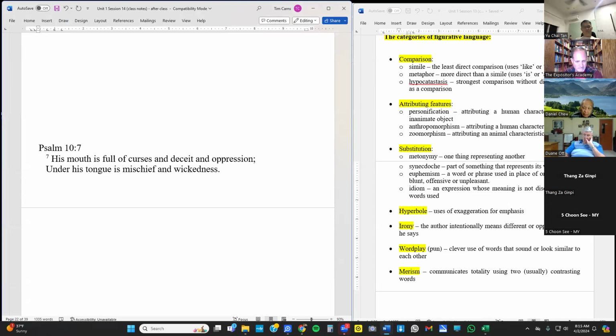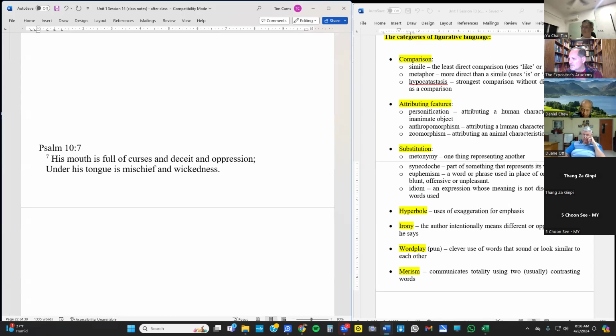His mouth is full of curses and deceit and oppressions, and his tongue is mischief and wickedness. Okay. His mouth is compared to curses and deceit and oppressions.